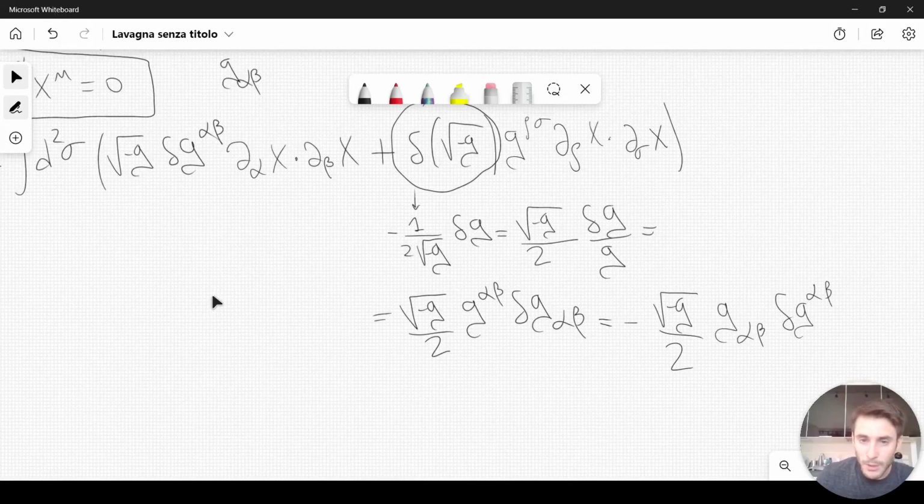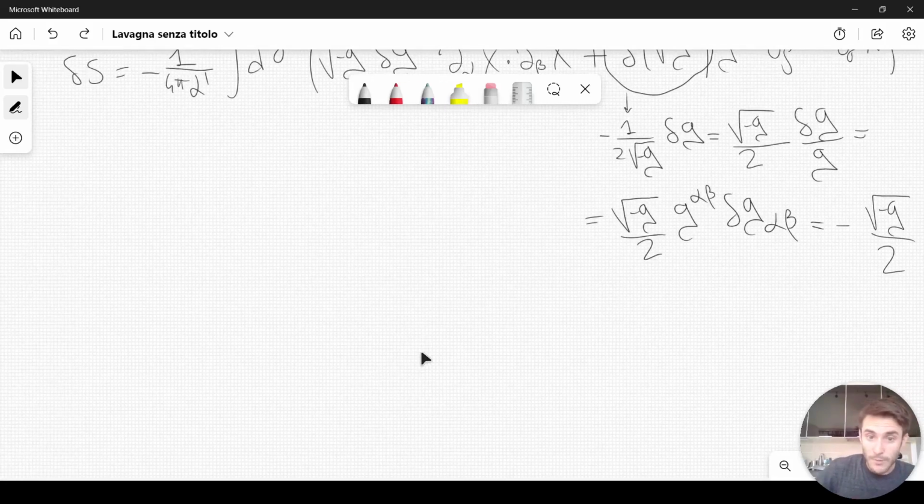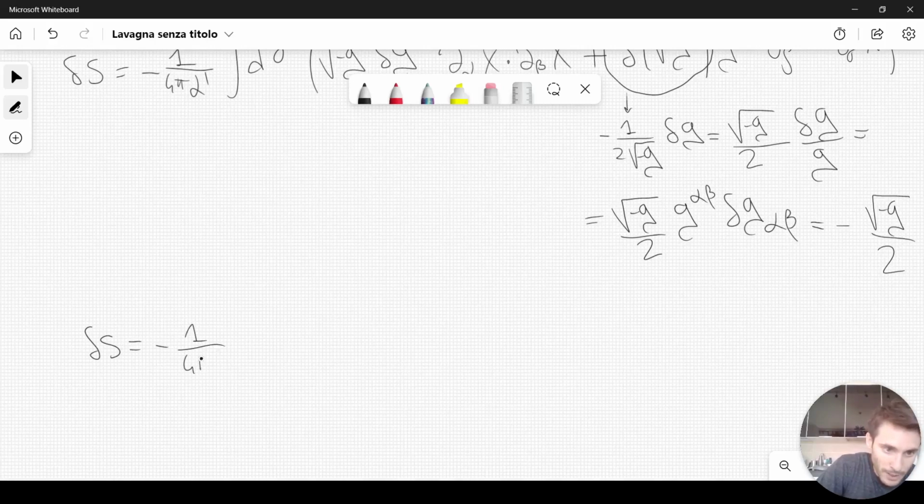Now if we substitute this here, the variation of the action, δS, can be written like this. So you have −1/(4πα′) ∫ d²σ. Then you can factor out √(−g).